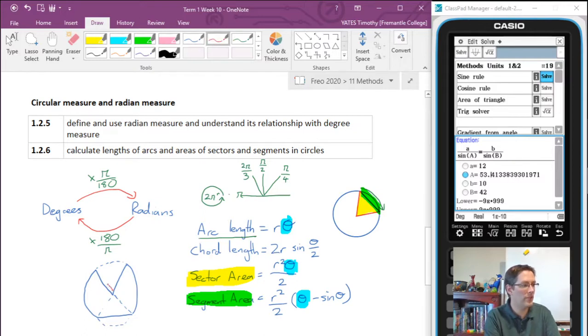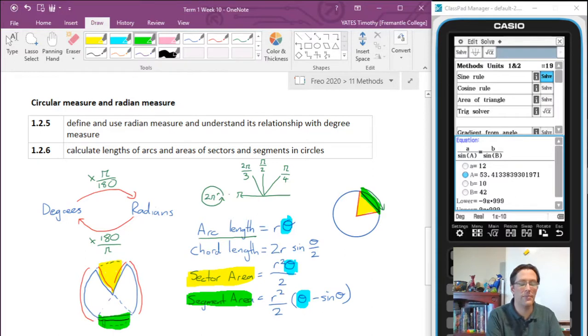So basically that would require you to measure this chord length in there, that one there, and then that radius again. If we were working out the area, we would need to work out the full circle, subtract off that area up there, and then subtract off the one down there.